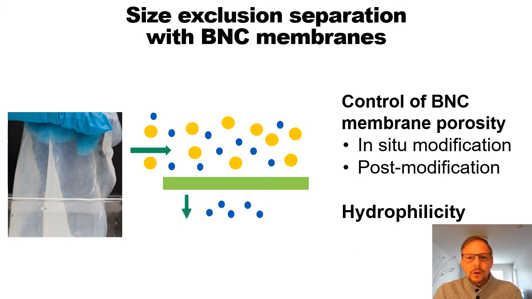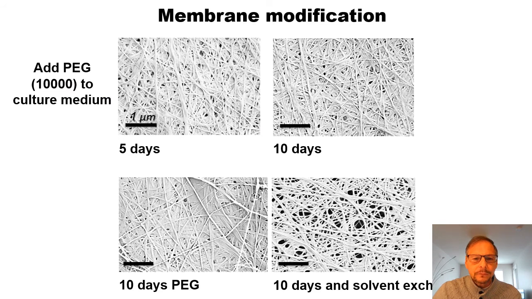So we can produce membranes, in this case bacterial cellulose membranes, that will look like what we have in the center in green. The porosity of those membranes can be controlled by modification during the growth of the cellulose or by post-modification. Also, the hydrophilicity and hydrophobicity of the membranes can be controlled. So it can be quite an opportunity for us to think about this type of size exclusion element.